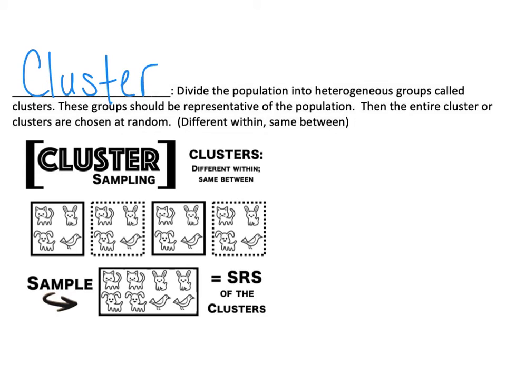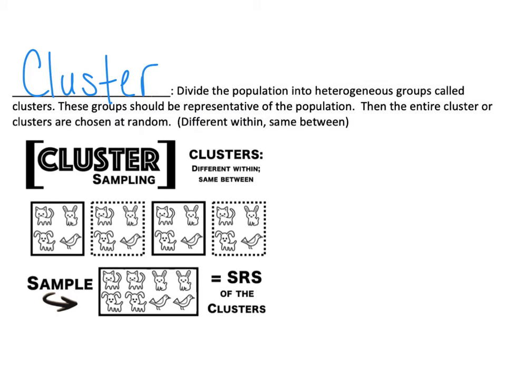All right, let's look at cluster samples next. Cluster is often confused with stratified. What you do with clusters is you divide the population into heterogeneous groups called clusters. These groups should be representative of the population though.